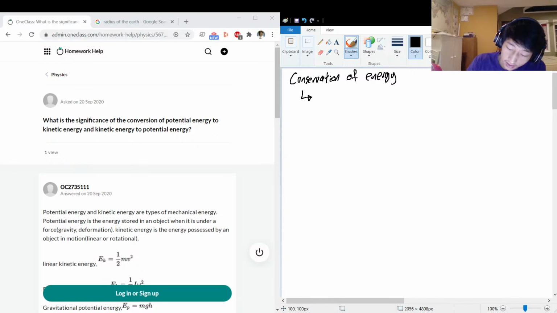Conservation of energy basically tells us energy, let's just call that E, cannot be created or destroyed. Only transferred from one place to the other.